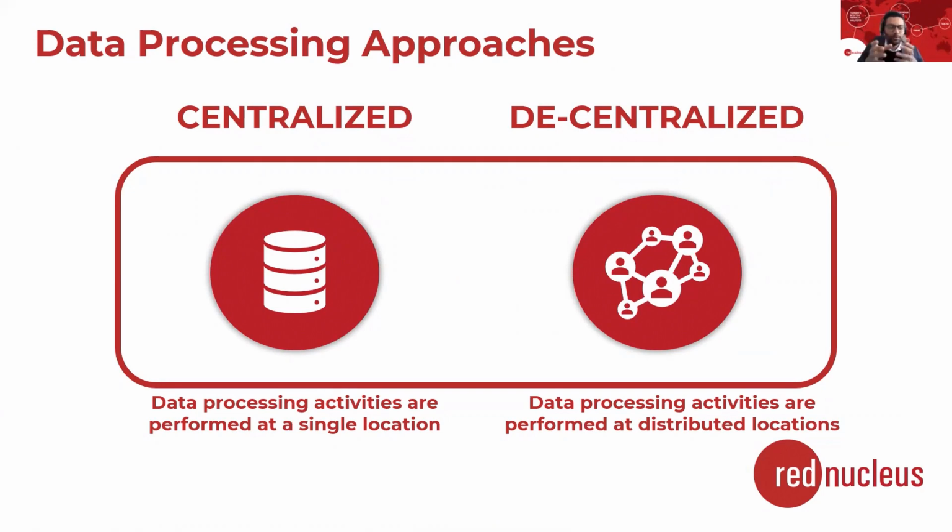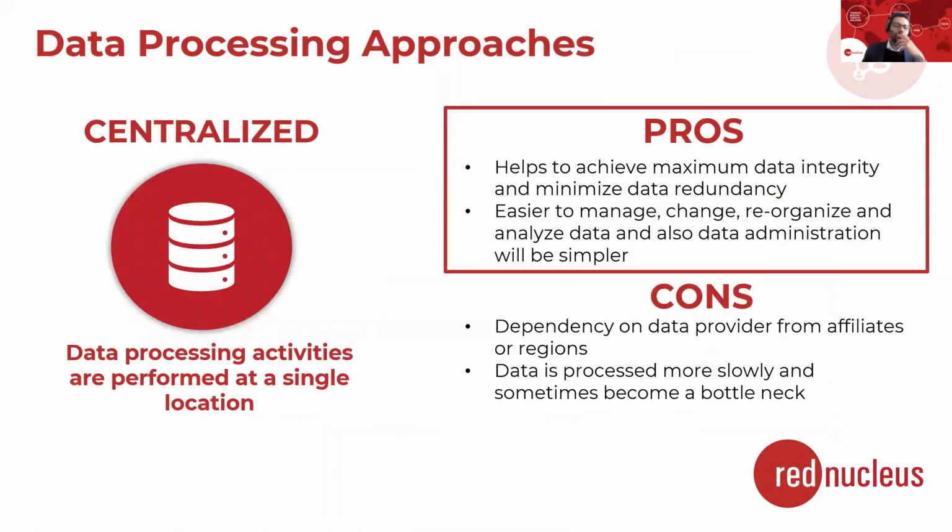An example of centralized could be your corporate office, whereas with decentralized, it could be the affiliates or regional offices. Now, both centralized and decentralized approaches have their pros and cons. So let's take a quick look into each of these.